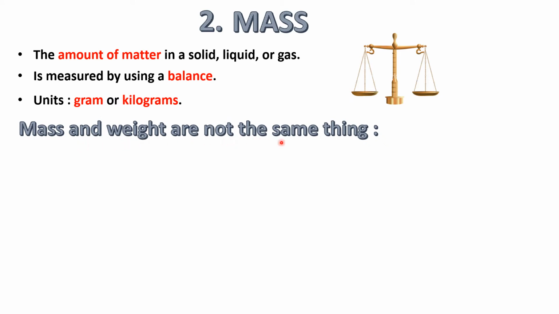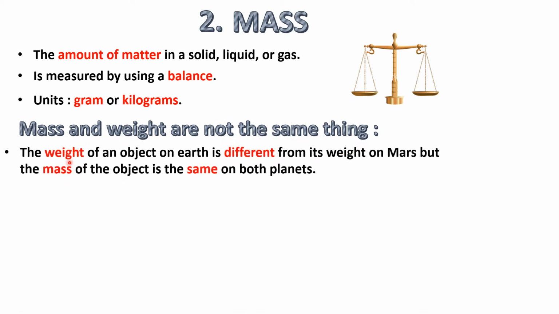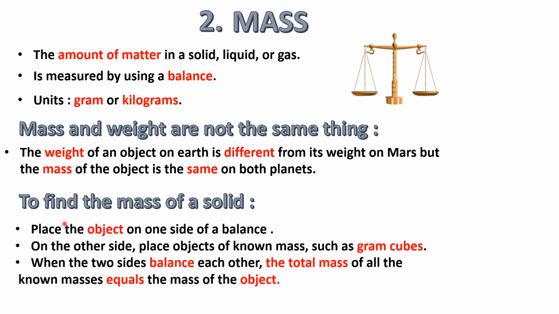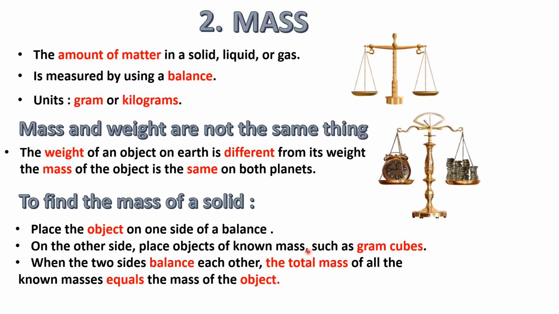Mass and weight are not the same thing. The weight of an object on Earth is different from its weight on Mars, but the mass of the object is the same on both planets. To find the mass of a solid, place the object on one side of a balance.